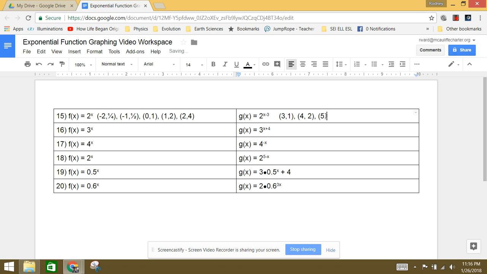Will 5 have the same effect as 2? Well, 5 minus 3 is 2, so that is the same as 2 to the second power. So (5, 4) is the point. You might start seeing a pattern here, and I invite you to be considering the patterns that might be showing up here.